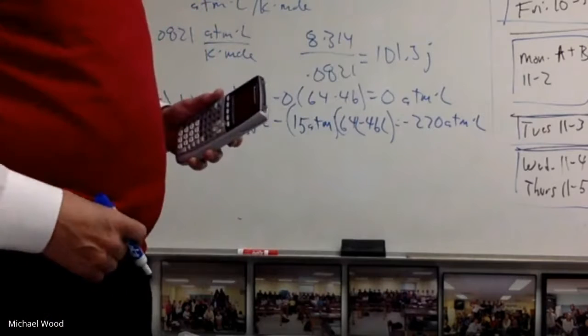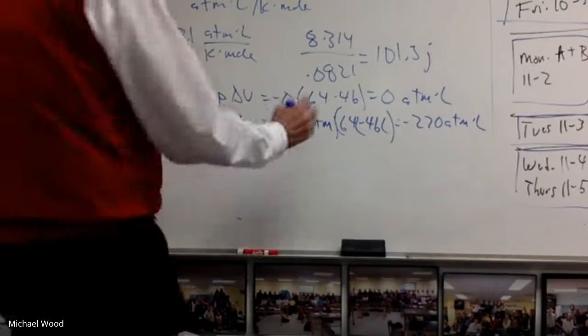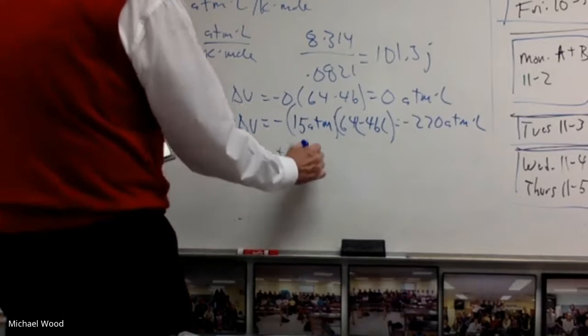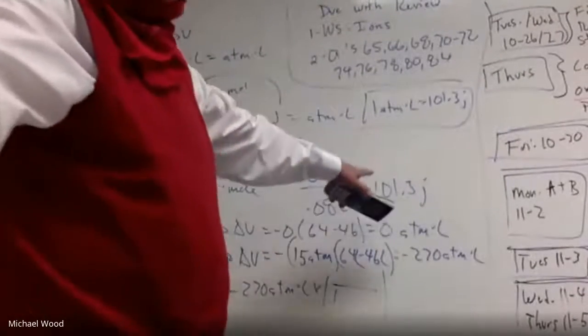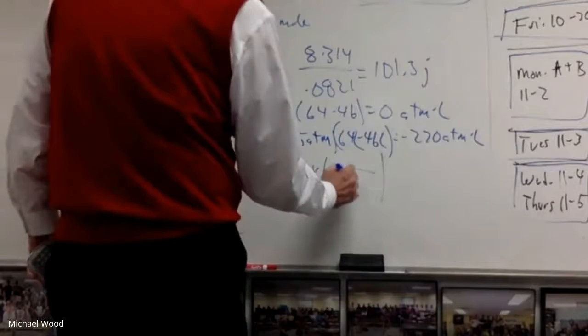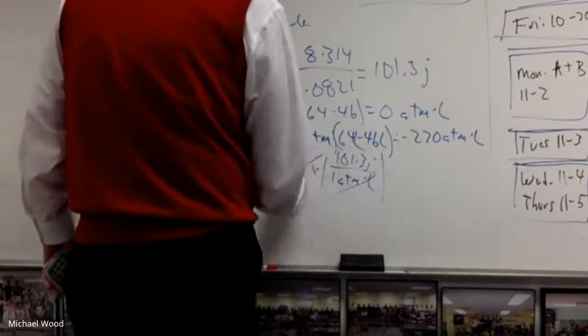But the thing is, we really want to get this into joules. So we have negative 270 atmosphere liters, and for every 1 atmosphere liter there's 101.3 joules.